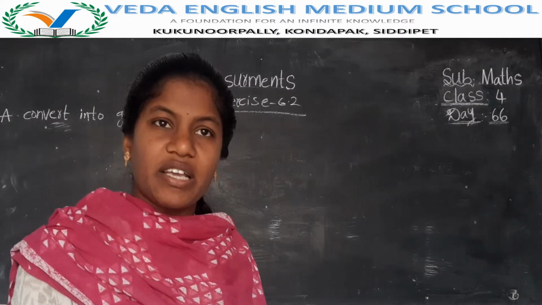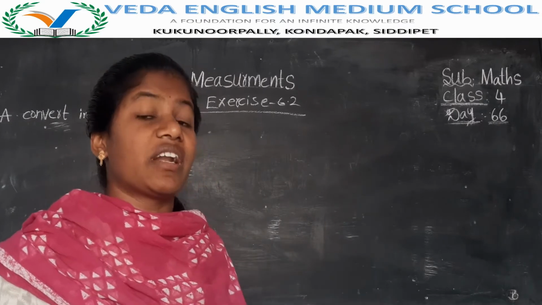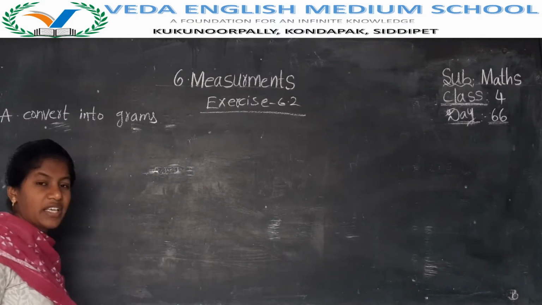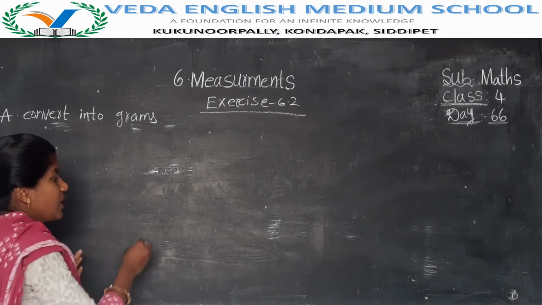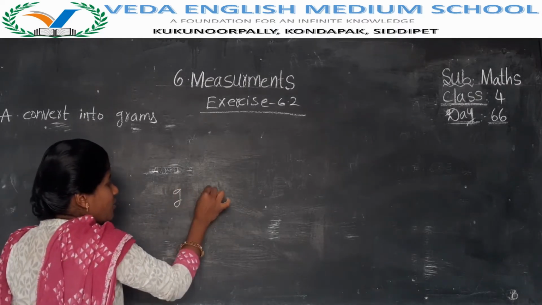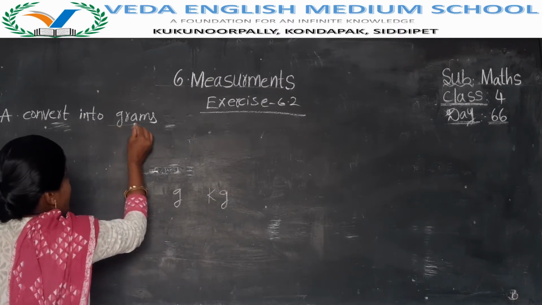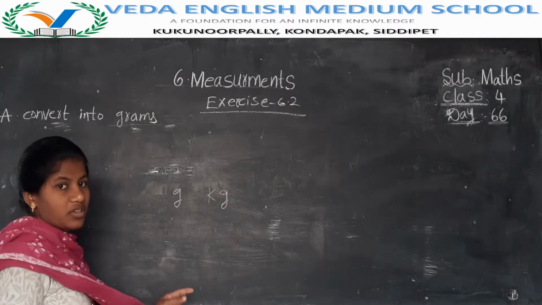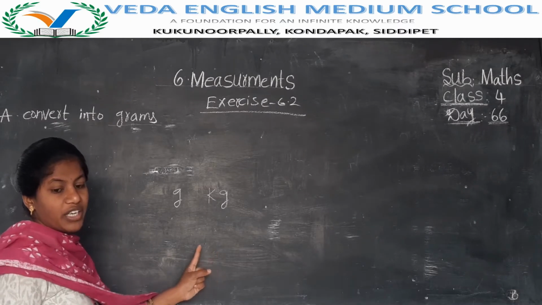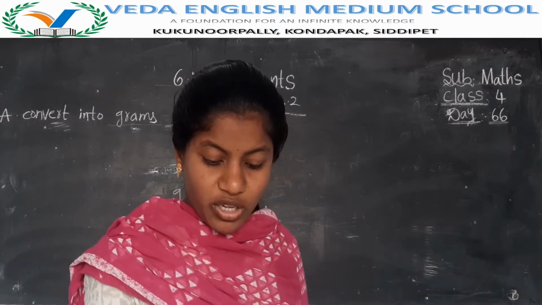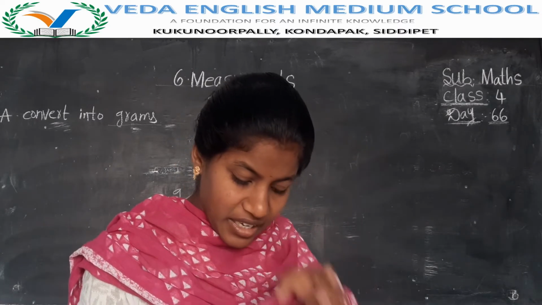Grams and kilograms are used to measure weight, బరువులను కొలవడానికి grams ని kilograms ని యూజ్ చేస్తారు. Here gram is a smaller quantity, kilogram is a greater quantity. They are asking to convert into grams. That greater quantity ని smaller quantity లోకి కన్వర్ట్ చేయమంటున్నాడు.